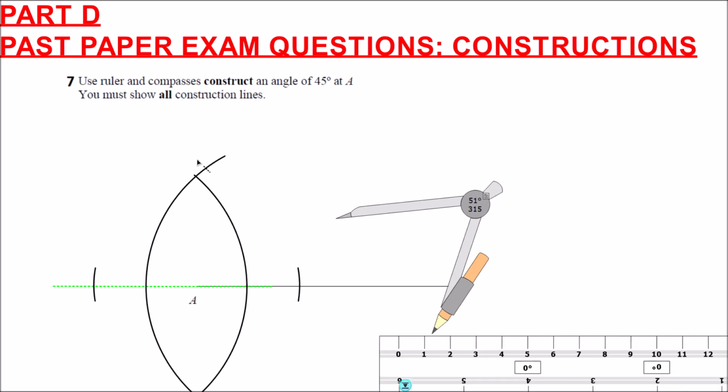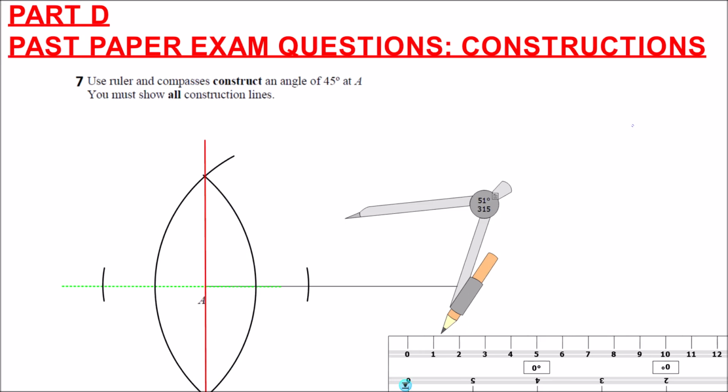So we're going to do a straight line going through where both points cross over, like so. And so that's now a 90-degree angle at A. Now what we're going to need to do is to bisect that 90-degree angle to make the 45-degree one we need to.